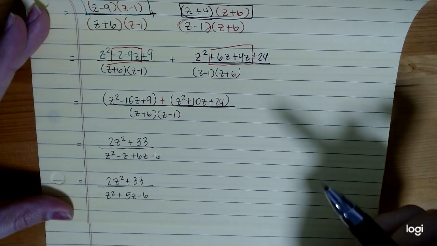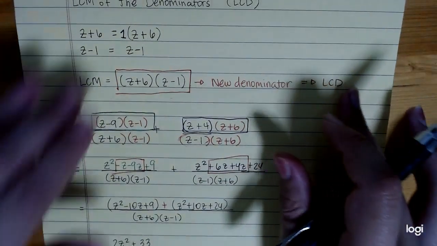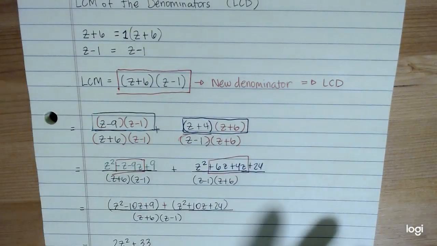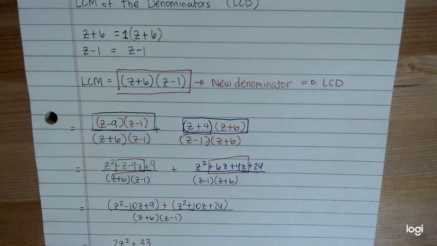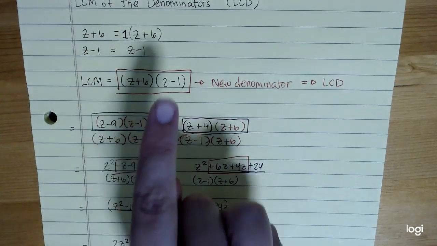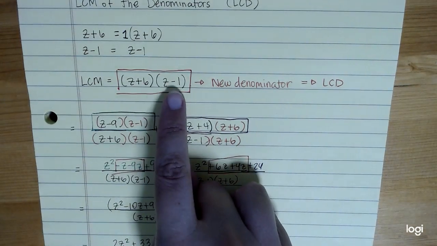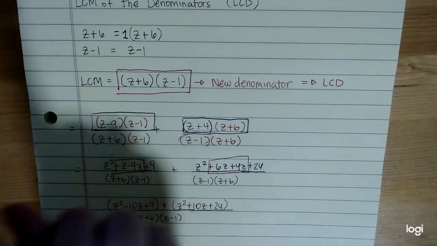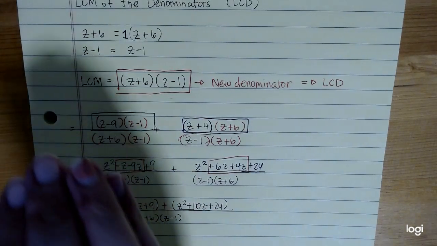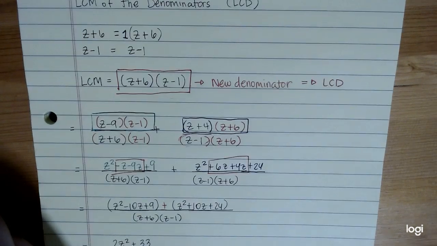So these problems, when you are adding or subtracting with unlike denominators, it's just going to take a little bit longer. But the big point here, just like in the example before, is we want to make those denominators match. So in the example before with the y and negative y, we only had to change one denominator because we could actually make it match the other denominator.